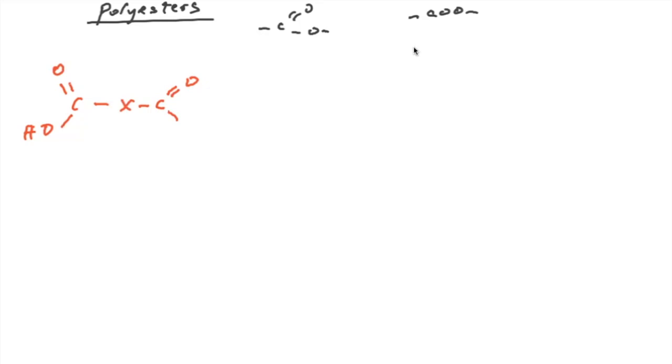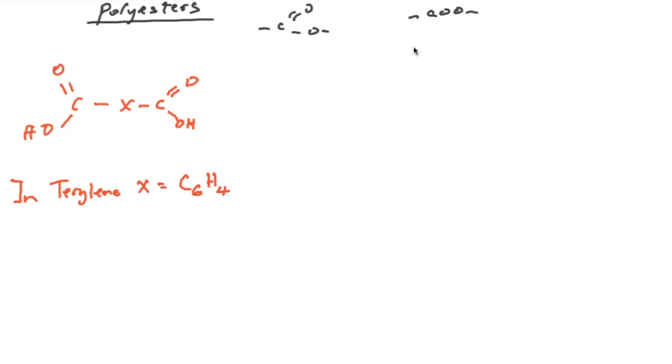We can just put X right there, and that will be fine. All right, so this is our diacid again. In terylene, T-E-R-Y, in terylene, X is C6H4.